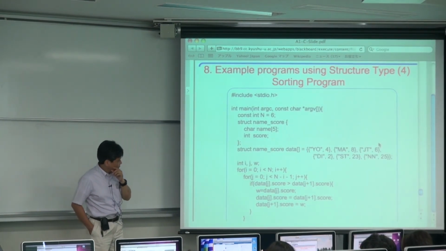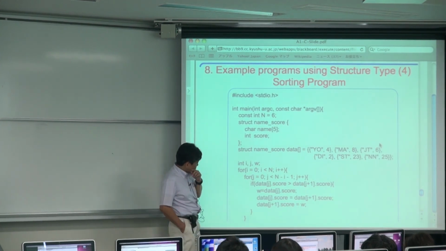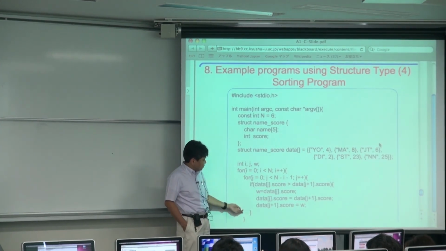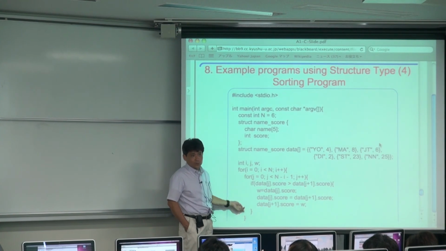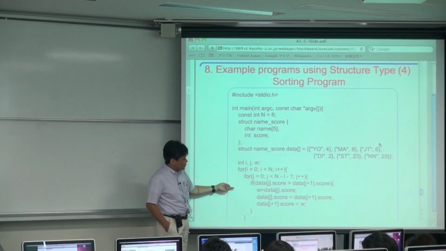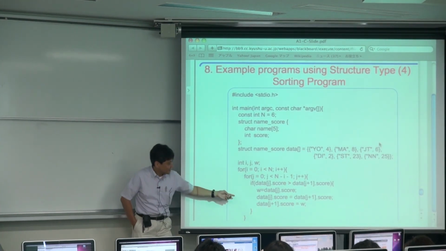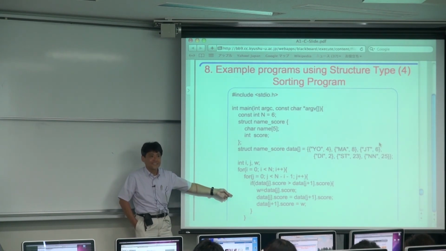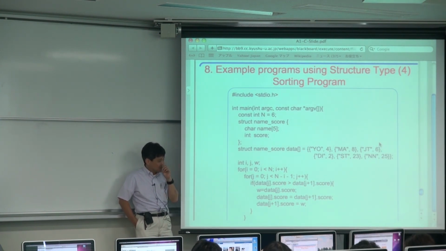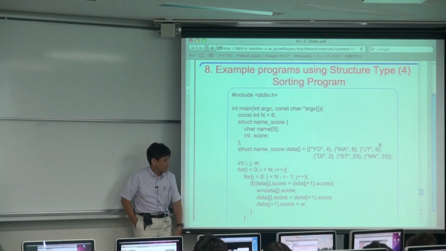Okay. So this part is the bubble sort algorithm part. In fact, this includes some errors. So anyway, please try to make this program and execute it to check its behavior.